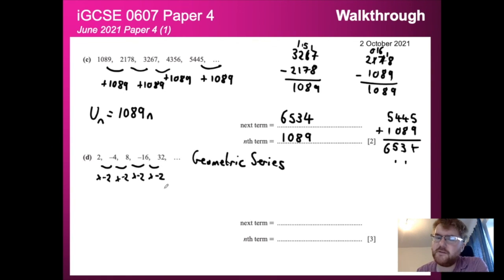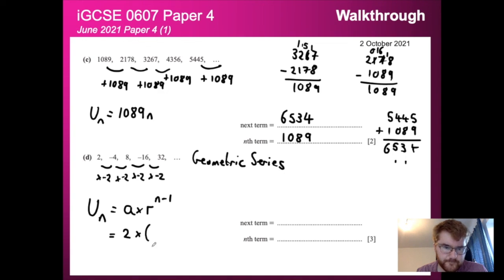Now there is a formula for geometric series. We teach this a lot at IB. Of course, we need to know it for iGCSE as well. So your nth term is equal to the first term times the common ratio, so what you're multiplying by, and then to the power of n minus 1. So our first term of the sequence is equal to 2. And we're going to multiply by the common ratio, which is the -2.